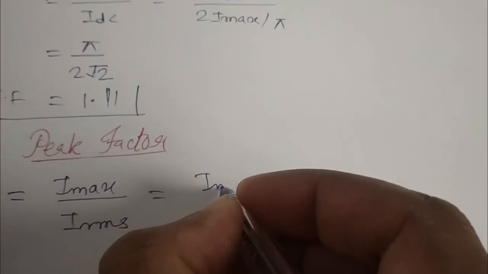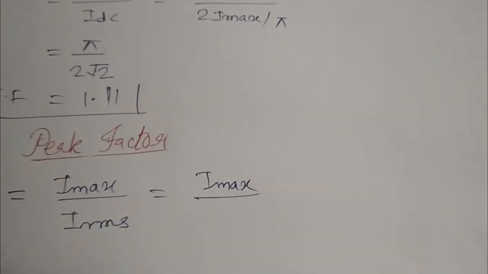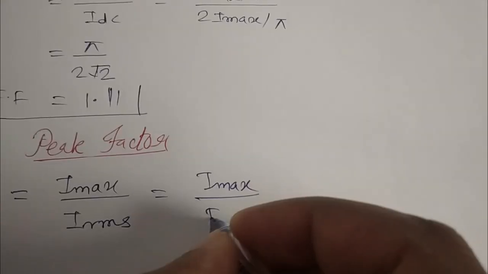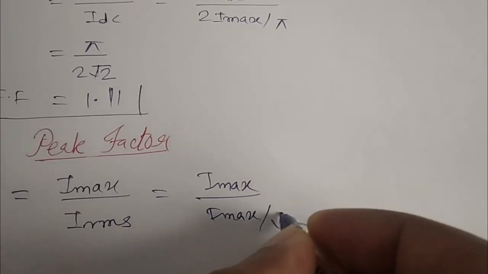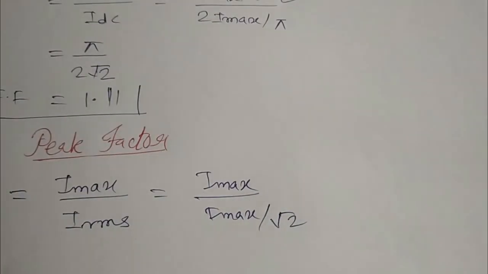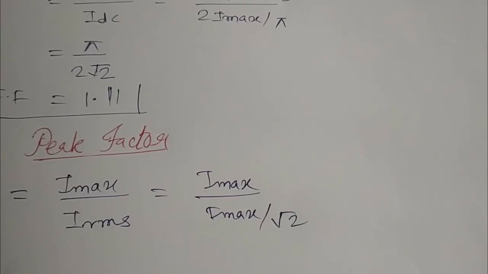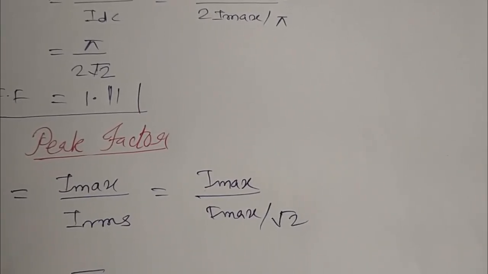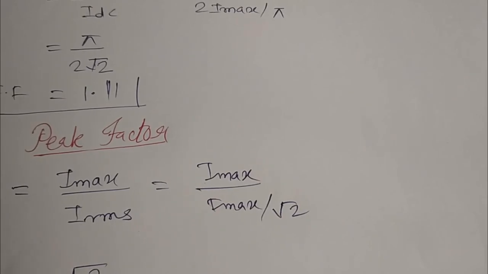I max is as it is, IRMS we have derived. So what is IRMS? IRMS is I max by root 2. So if we solve this, we will get root 2. So this is the peak factor.